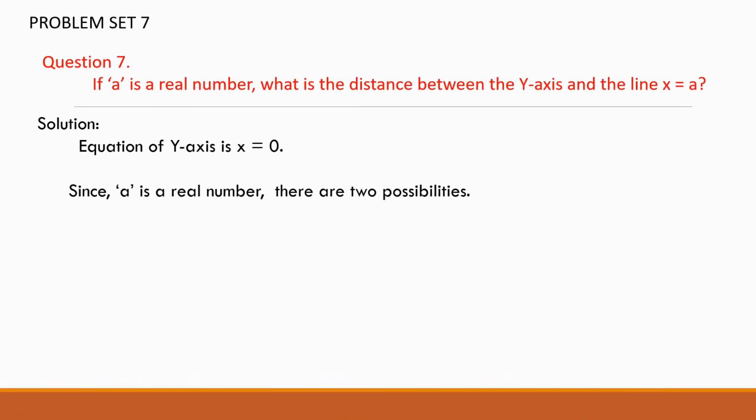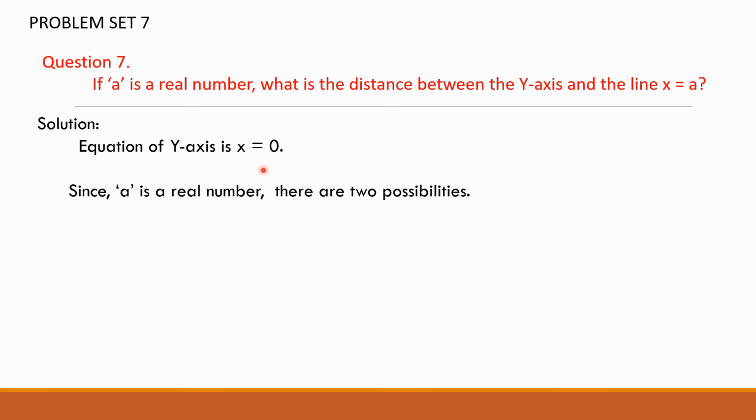Question number 7. If a is a real number, what is the distance between the y-axis and the line x equal to a? Solution. The equation of the y-axis is x equal to 0. Since a is a real number, there are two possibilities.